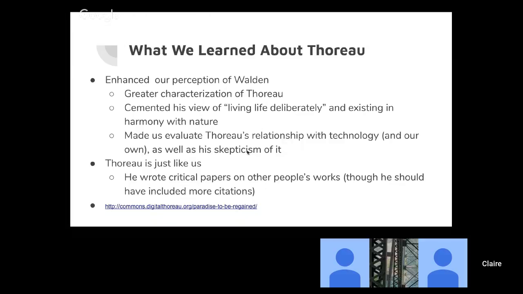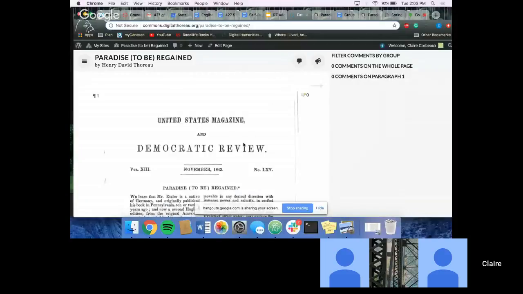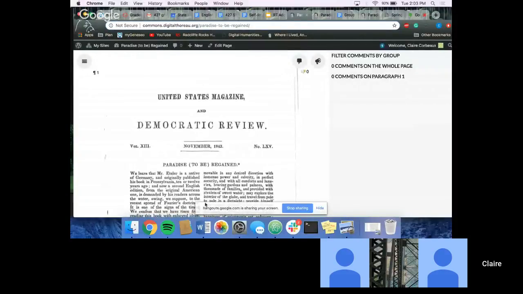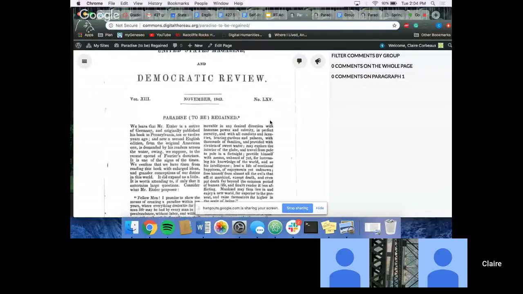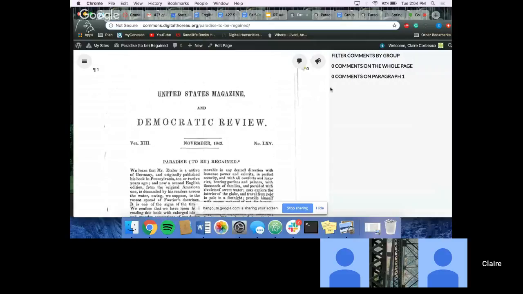So also, we could show you guys, I think, our actual site, how it looks. So this is the cover page with the first page of the PDF of the original 1843 version.